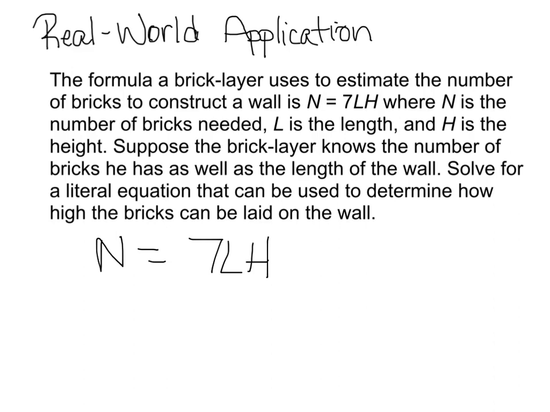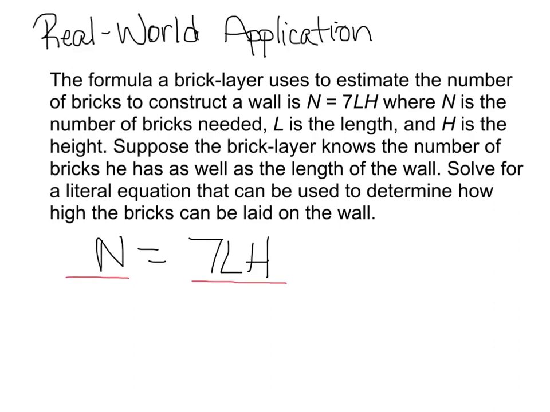We've got to look at the 7L as though it is a coefficient. And all of this represents multiplication. A whole lot simpler than what it looks. What's the opposite of multiplication? Division is right.